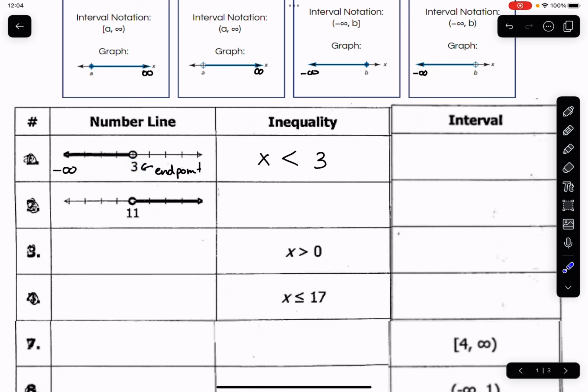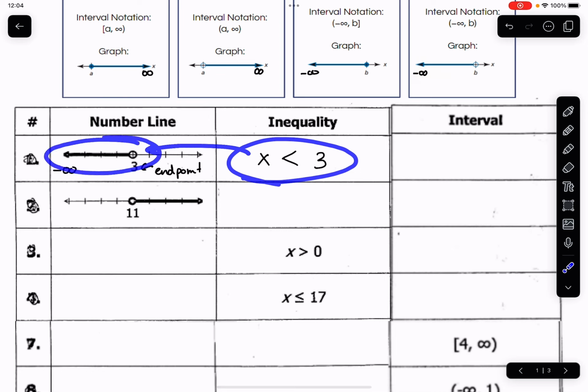We're going to the left, so that's going to be the less than symbol right there. Now, since the 3, the endpoint, is using an open circle above it, that means we're going to use the open less than. No equal sign then in this situation. So this inequality represents this number line right there.